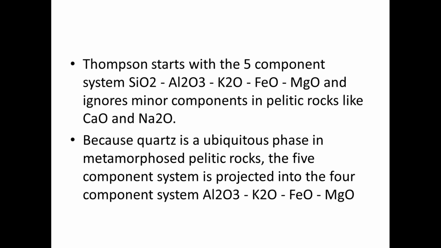Okay, now Thompson had a 5 component system. They are SiO2, Al2O3, K2O, FeO and MgO, and he ignores minor components in pelitic rocks like Na2O, CaO, etc. Now, because quartz is a ubiquitous phase in metamorphosed pelitic rocks, the 5 component system is projected into a 4 component system, that is Al2O3, K2O, FeO and MgO.